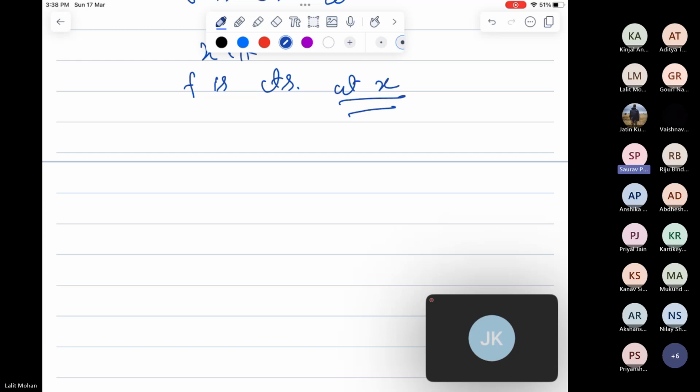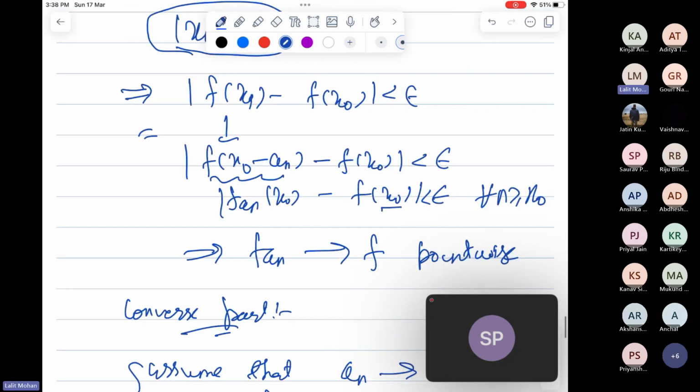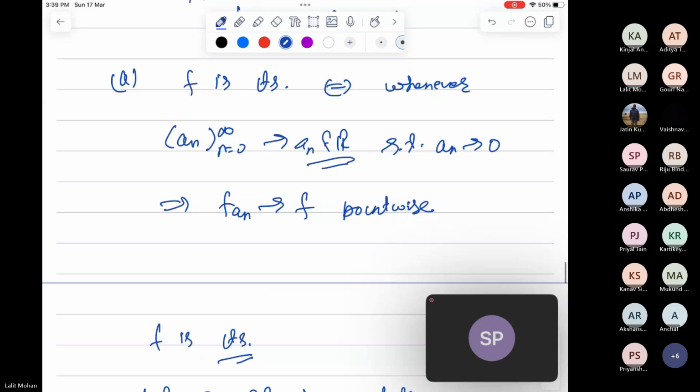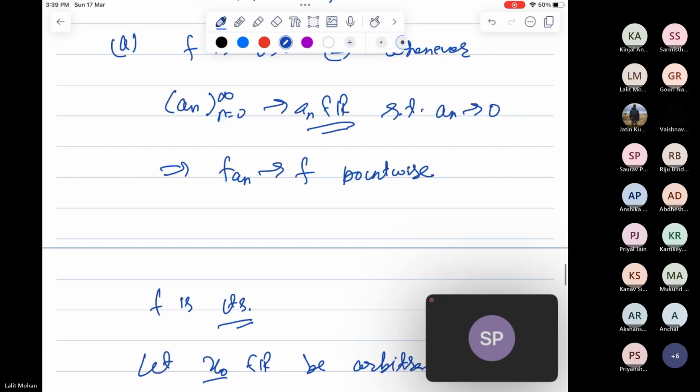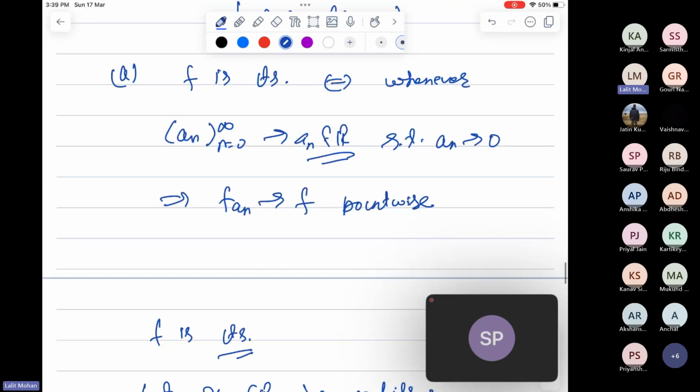Can you explain the previous part again? Okay. We have to show that f is continuous if and only if whenever a_n tends to 0, this implies that f_{a_n} tends to f pointwise. So first I am assuming that f is continuous. Now I will prove this part.